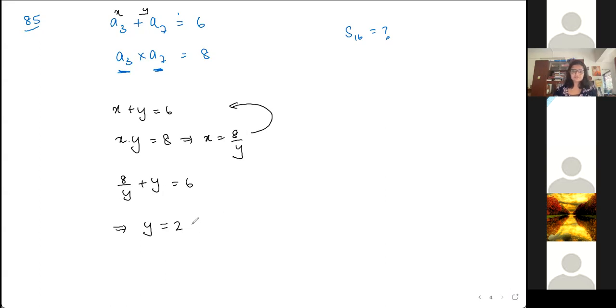Mil gaya, very good. So Y can be either 2 or 4, which means that X will be either 4 or 2. Easy, 8 divided by this. So our X and Y are essentially A3 and A7, which means you have 2 possibilities for AP.